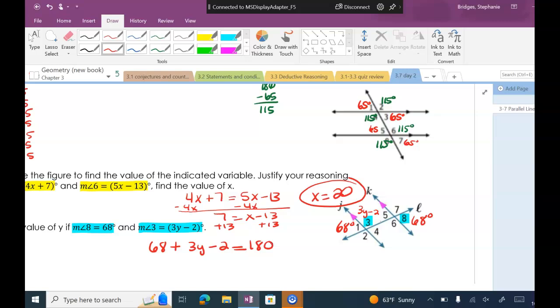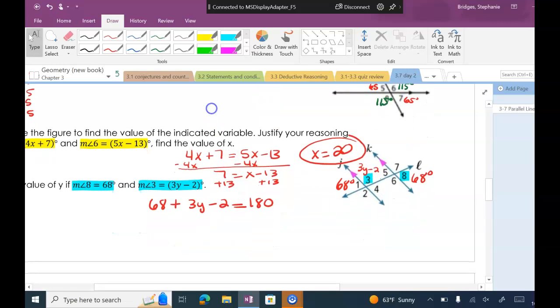And we should be solving this for y. I'm going to first combine my terms together, that positive 68 and that negative 2. That is 3y, and that's going to give me positive 66 equals 180.